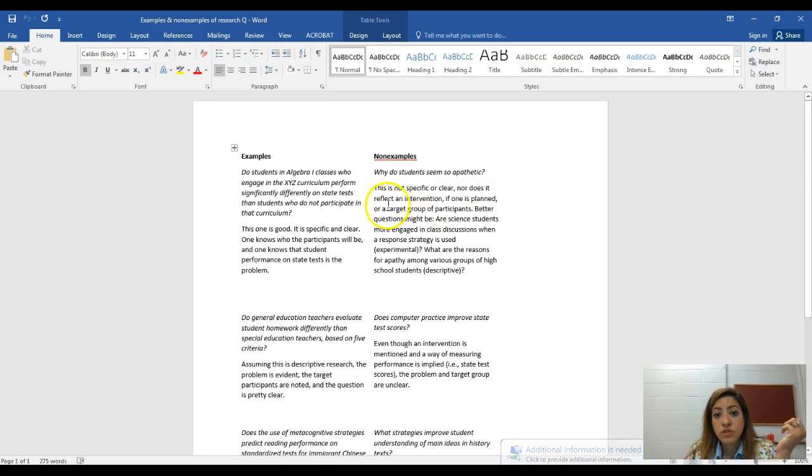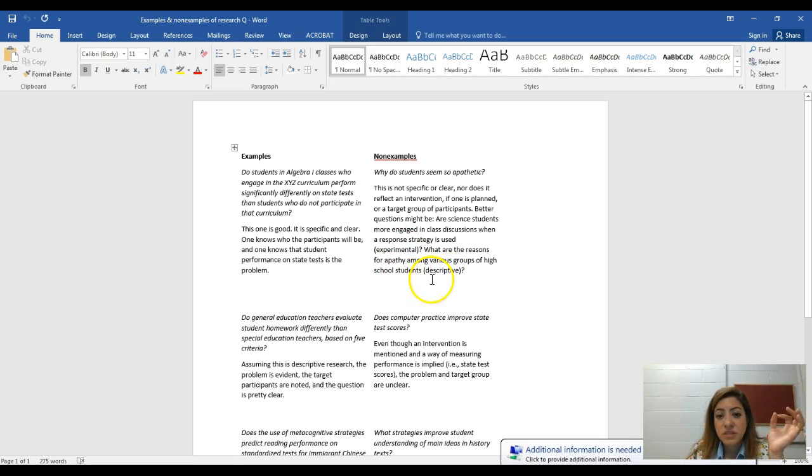So, nor does it reflect an intervention if one is planned or a target group of participants. Better questions might be like, are science students more engaged in class discussions when a response strategy is used? Okay. What are the reasons for apathy among various groups of high school students, either experimental or descriptive?